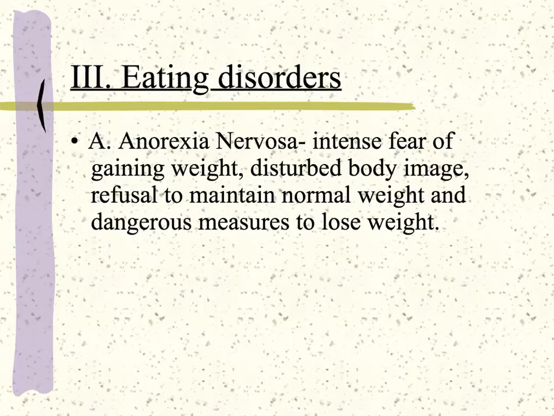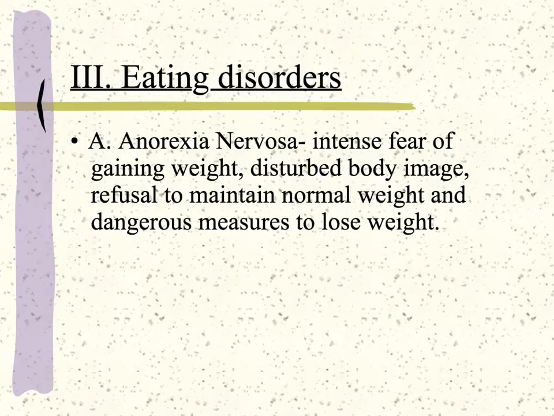Because of this, there tend to be some emotional issues as well as eating disorders that come up with rapid weight gain. The first that we'll discuss is anorexia nervosa, and this is the intense fear of gaining weight, disturbed body image, refusal to maintain normal weight, and dangerous measures to lose weight.